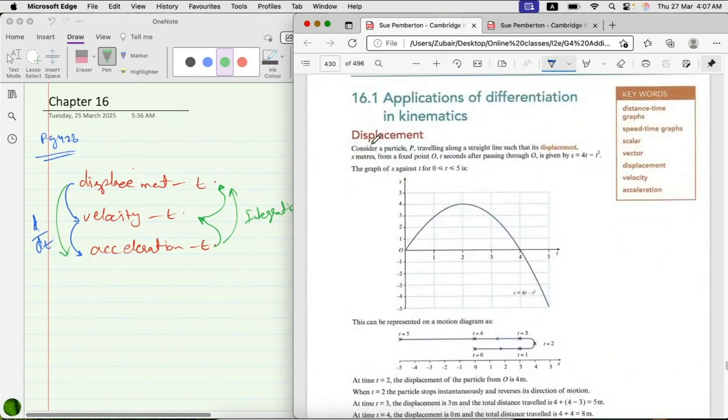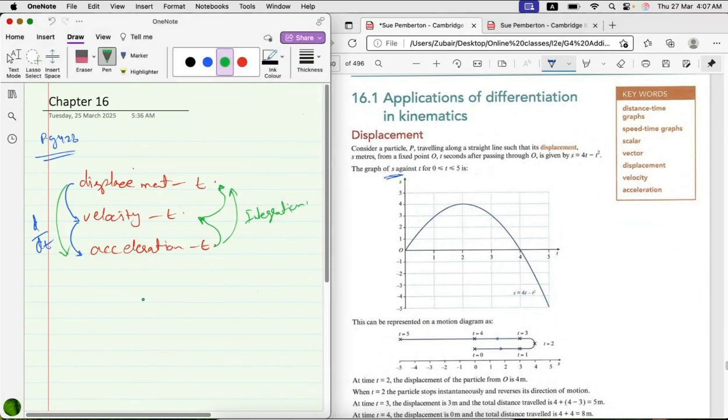So applications, displacement time. We are going to get velocity by differentiating it. If you remember, when we used to differentiate, let's say this is S, denoted by S, against time. So in a displacement time graph, ds over dt first of all gives me velocity.